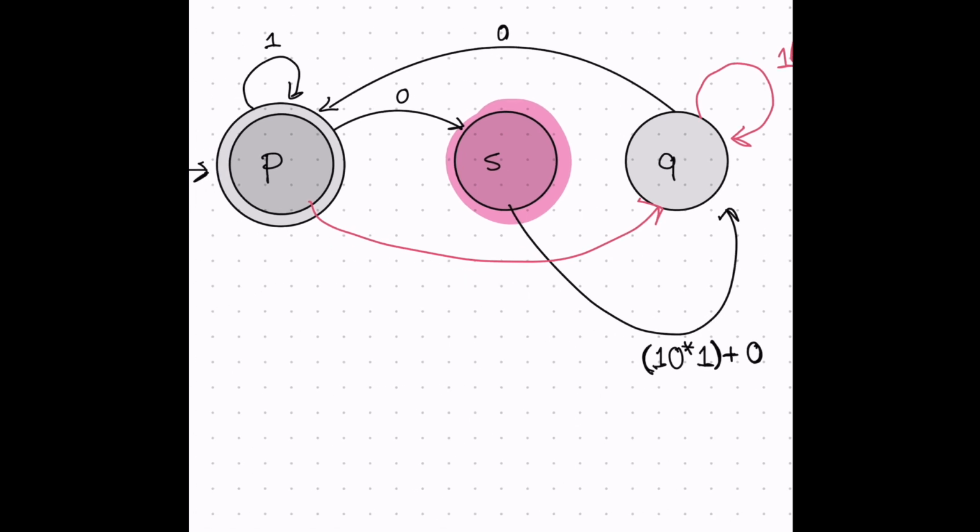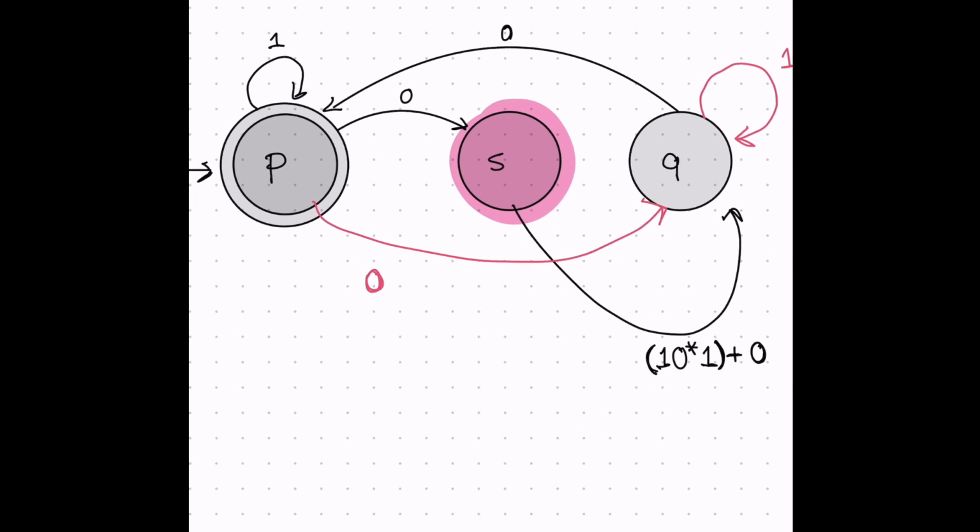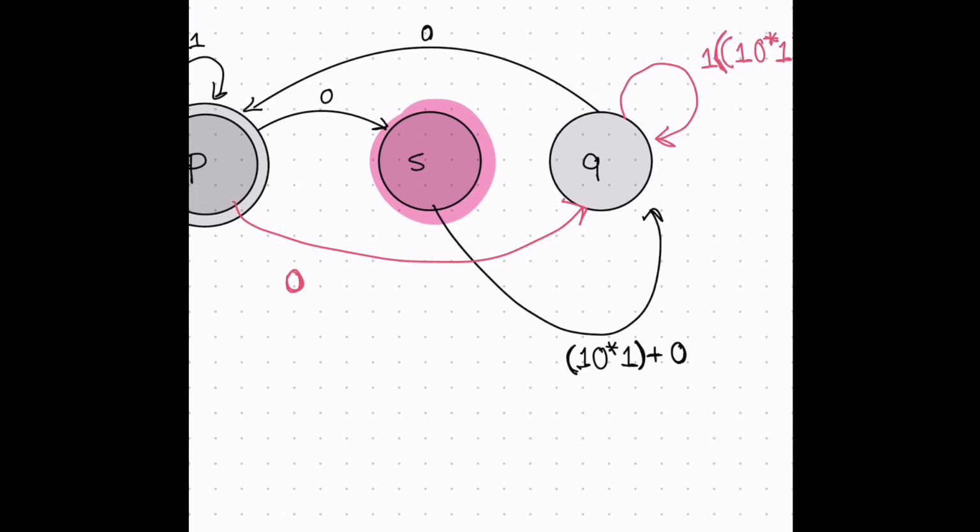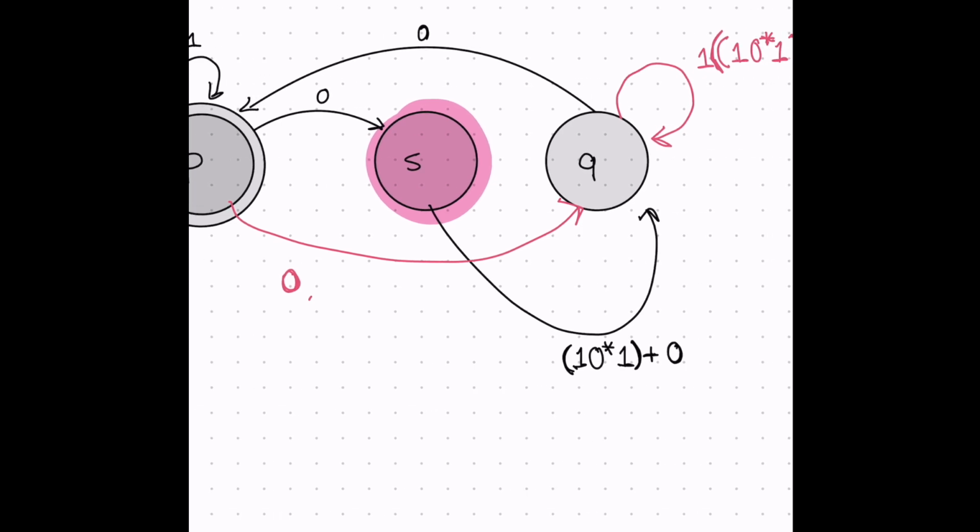So you've got to have 0, and then it has to be followed by 1, 0 closure, 1, or 0. Let me put this in parentheses. There's so many parentheses in the answer for this.